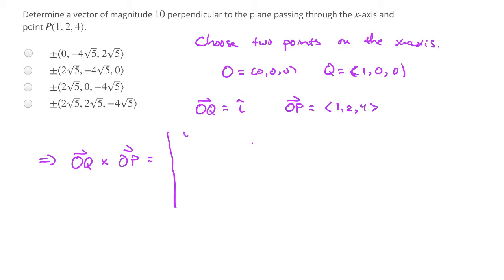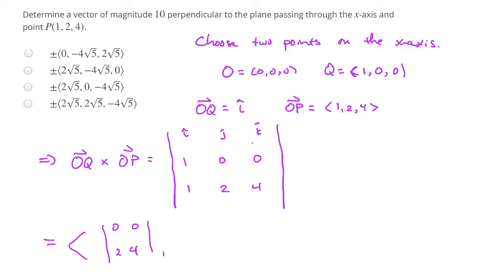Computing that cross product, we use our 3 by 3 determinant as the mnemonic. So we have OQ being the vector (1, 0, 0), and OP being (1, 2, 4). For our first determinant, we get rid of the first row and the first column, leaving 0, 0, 2, 4.